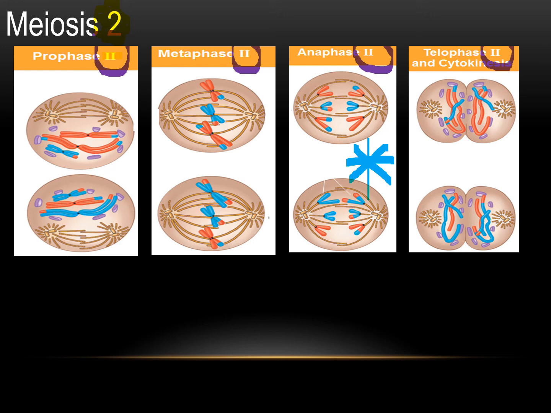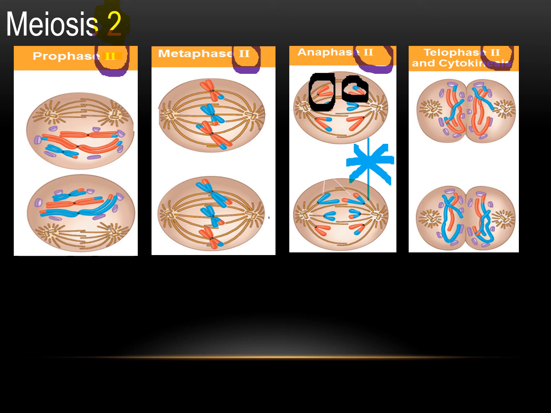So remember, during anaphase 1, we had a homologous chromosome pair split up into duplicated chromosomes when the spindle fiber contracted. During anaphase 2, a duplicated chromosome splits up into a daughter chromosome. So if we have a look at the diagram on anaphase 2, that is a daughter chromosome. That is a daughter chromosome.